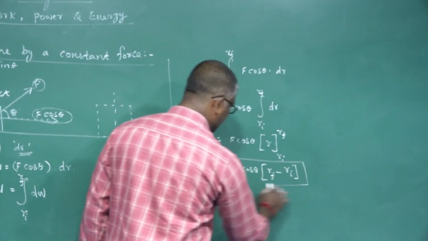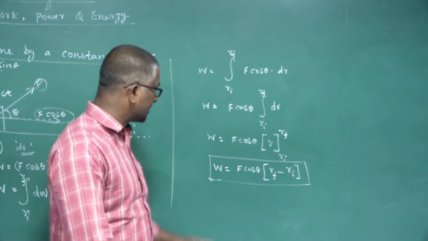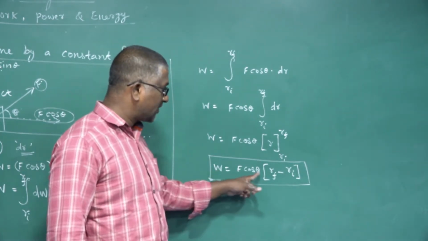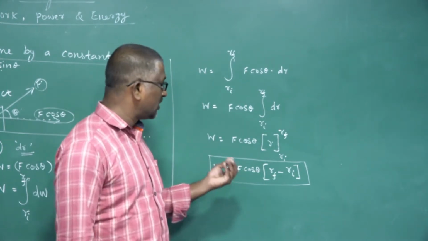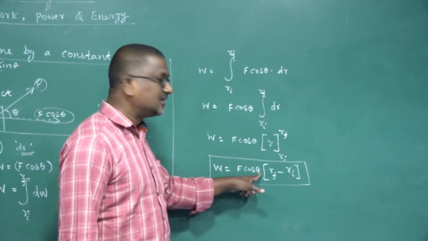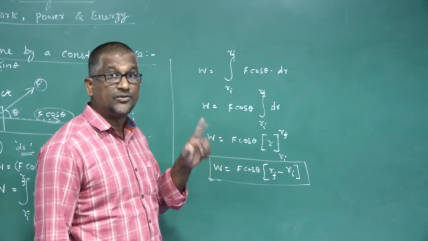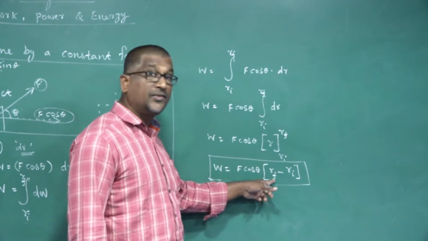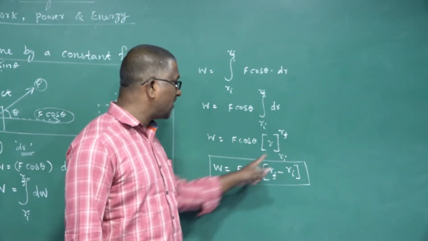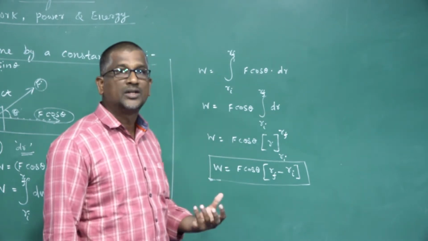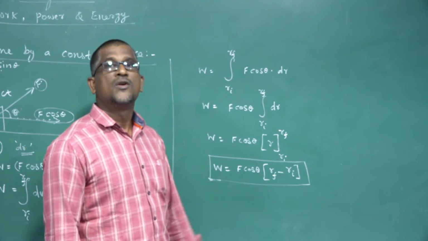So this is the expression for work done by a constant force: W is equal to F cos theta into Rf minus Ri. F is the magnitude of the constant force acting on the object, theta is the angle made by the force with the horizontal direction, Rf is the final position and Ri the initial position of the object. If you know these four values, we can calculate the total work done by the constant force acting on a body to displace it from initial position to final position.